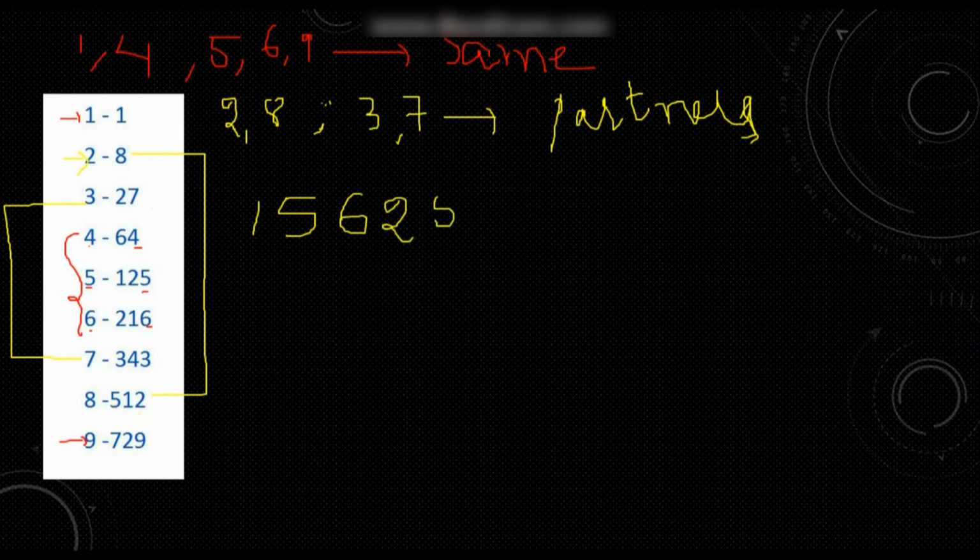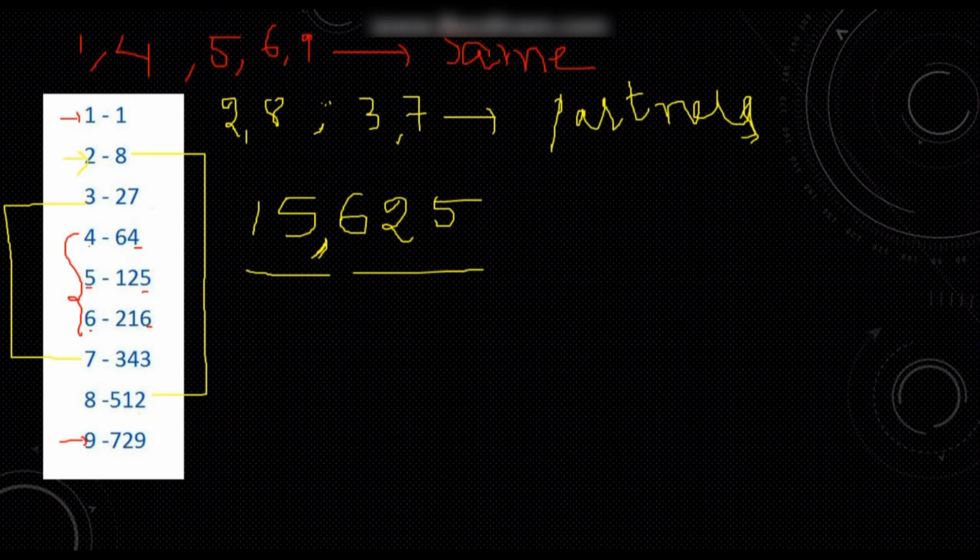15,625. When we are dealing with a number and we have to find the cube root, first separate out the thousands part and the other part. So we have 15 before the comma and 625 after the comma.